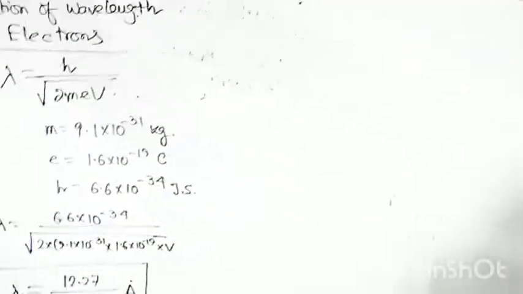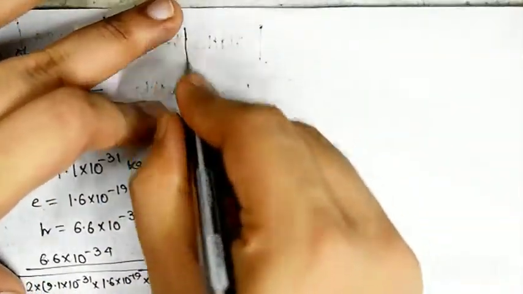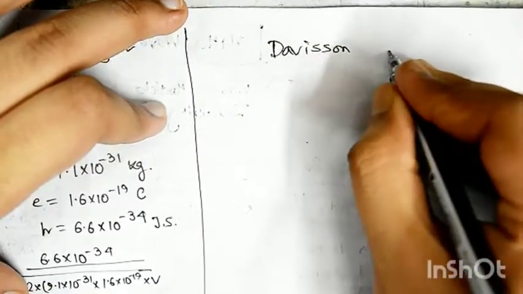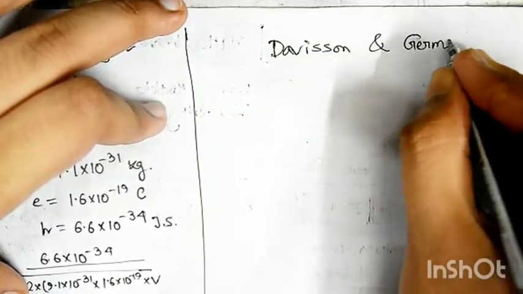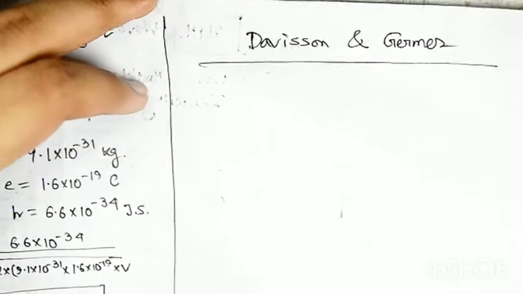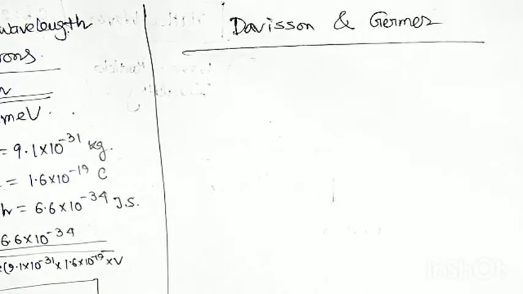Because to prove this particle's wave nature, experimental physicists Davisson and Germer used a very important experiment. They tried to calculate the wavelength of electrons and show their proofs with experiments.